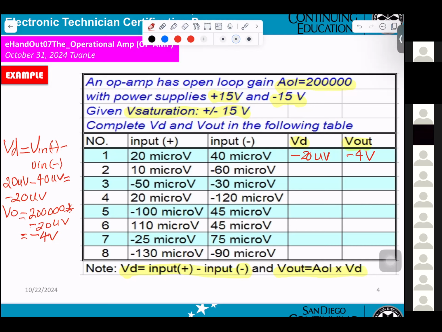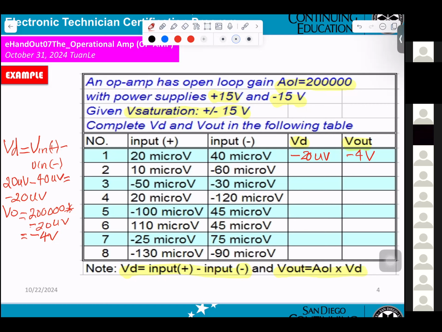Okay, who did number 2? VD. Did you get 70 micro, Mr. Pham? You see, 1, 2, 3, 4, 5, 6. I would say VD is 70 micro, but somebody has to check it.